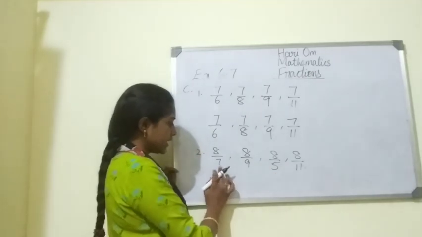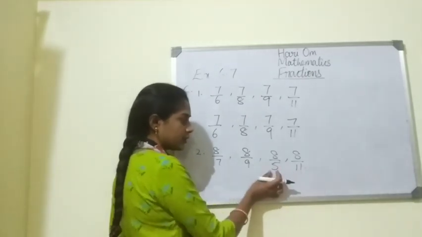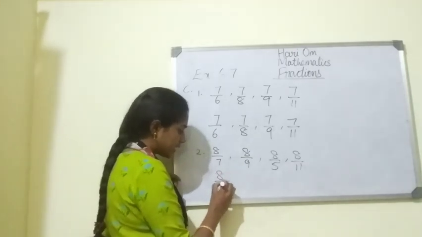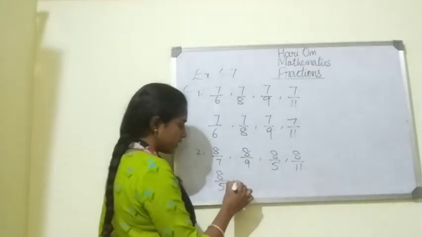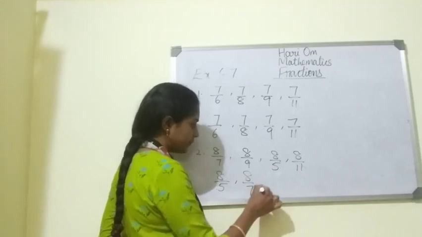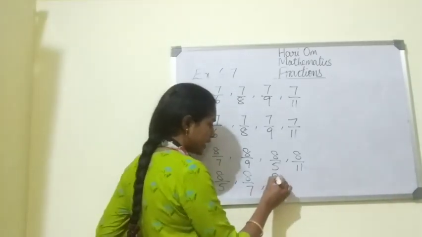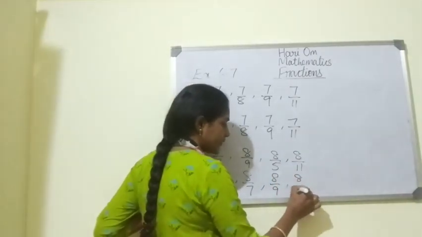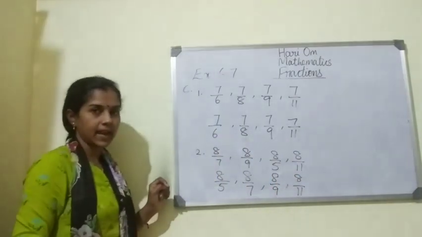Which is the smallest? 7, 9, 5, 11. So 5 is the smallest. So 8 by 5 is the greatest fraction. Next it is 7. So 8 by 7. Next it is 9. So 8 by 9 is the next smallest, and 8 by 11 is the smallest fraction.